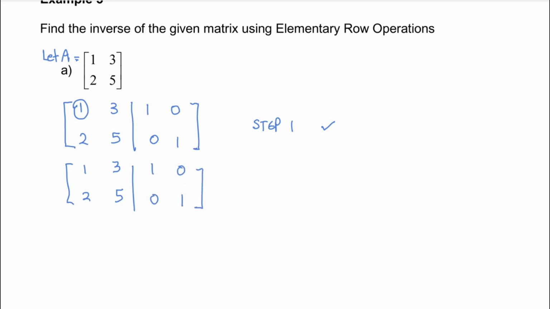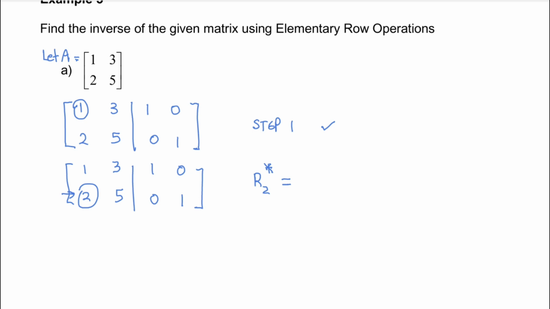Step 2, you need to change the element under the leading diagonal 1 to 0. As you have learned before, step 2 is in the first column. So here is the element. You can see here, the element 2 is at row 2, the second row. So you want to change everything in the second row.